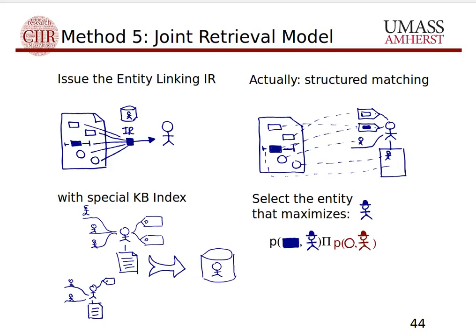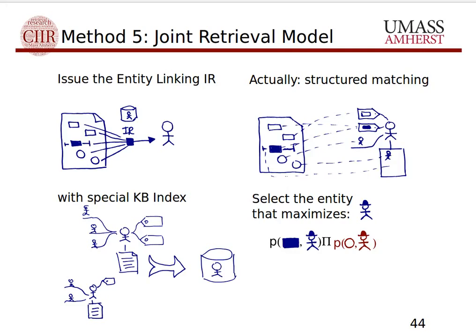So to sum up, in method number 5, the joint retrieval model, the idea is to turn the query mention and the context into a weighted IR query and run that against an index that contains our abstract entity representations.